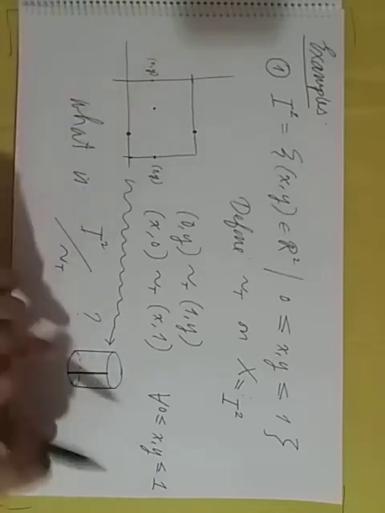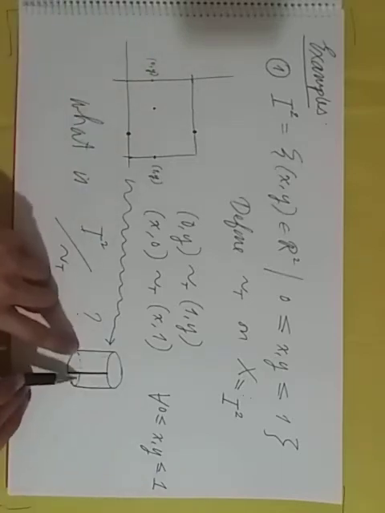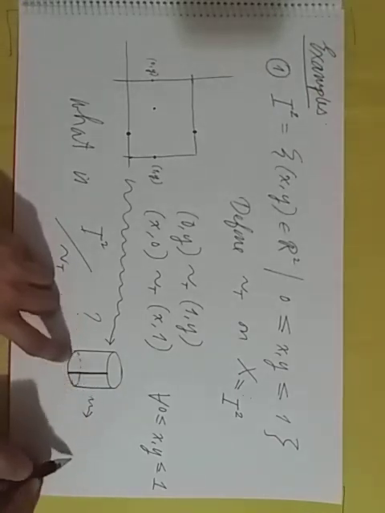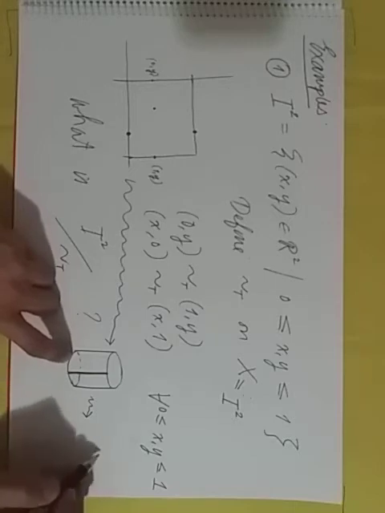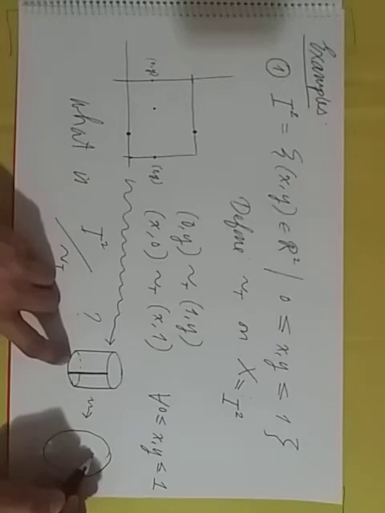So this boundary will be sort of attached to this boundary, and doing so will give us a cylinder. Sorry, a torus rather.